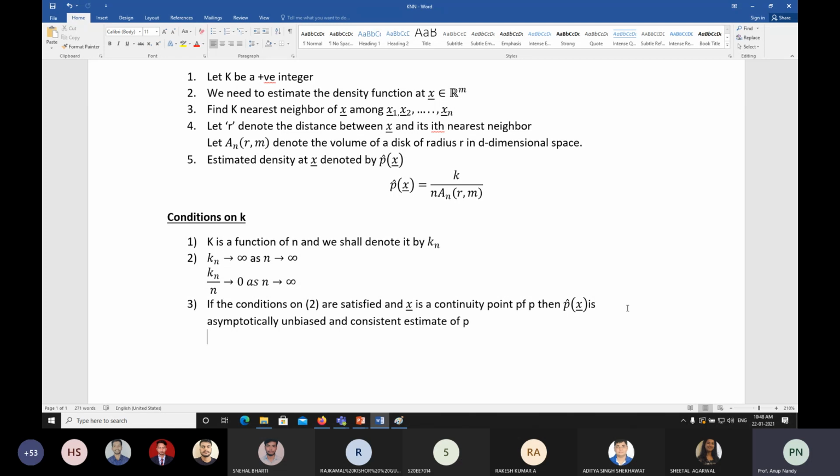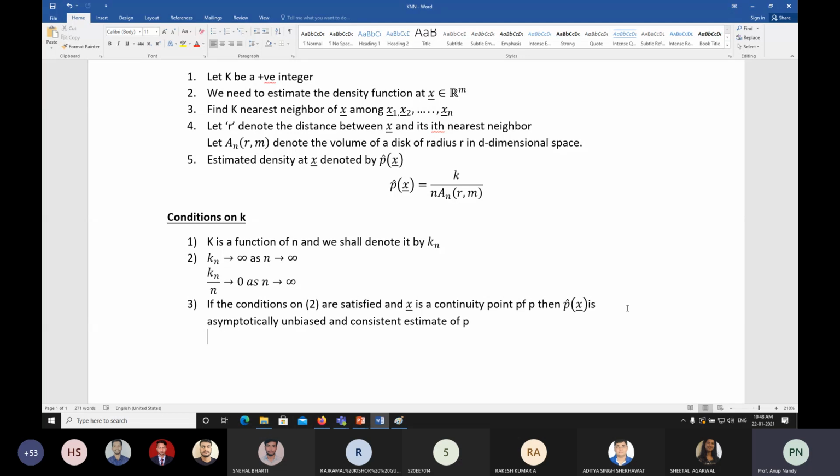Okay, so if the conditions are satisfied, K is a function of N, so we shall denote it by Kn. If Kn is tending to infinity as N tending to infinity and Kn by N tending to 0, okay. So now asymptotically unbiased means that if N is sufficiently large, and the estimated value is equal to your actual value, then it is called unbiased.